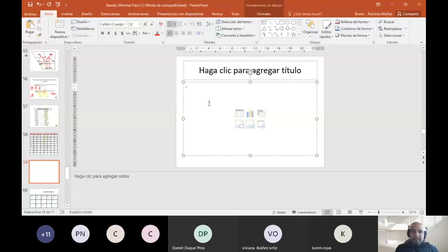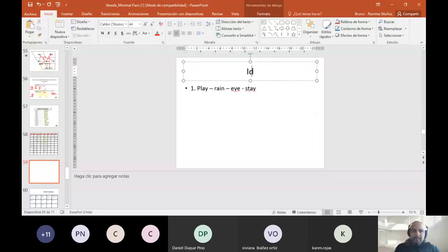Play, rain, okay, and the instruction is identify the odd one. Odd one is the strange one, the one that does not belong to the category here.